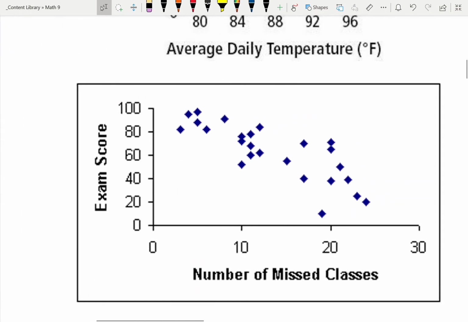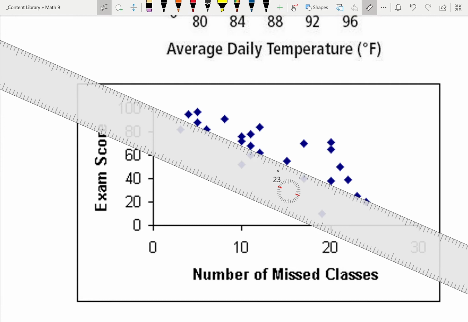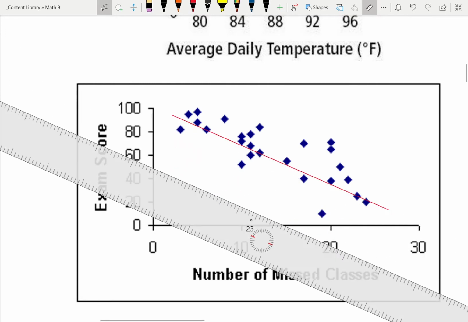Another example I can use is number of missed classes versus an exam score. We see here that on average, when students miss more classes, their scores become lower. And again, there's some above my line, there's some below my line, but on average, they kind of follow this pattern.